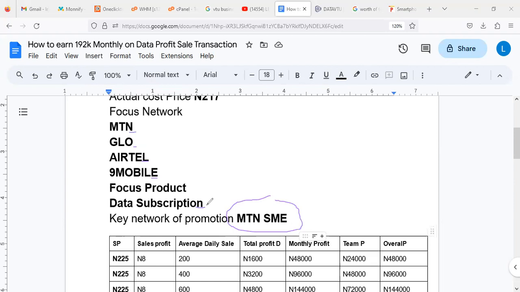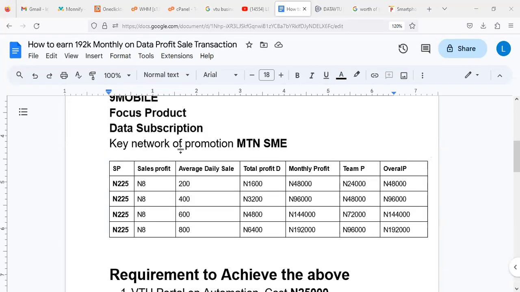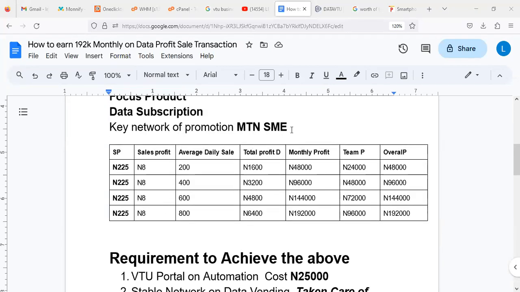Inside it, we are narrowing down to MTN SME, and I mentioned in the previous series: get MTN right in your business, and you are in business; don't get it right, you are out of business, because almost 80% of Nigerians are using MTN. That's why we have to get this product right before any other product. Statistics has it that this is the highest consumable product in the telecom sector, which is MTN SME.